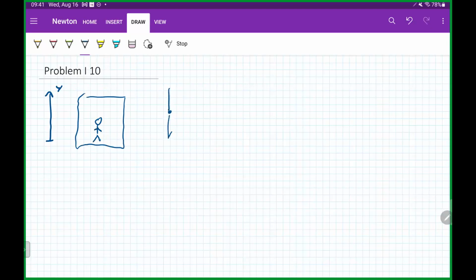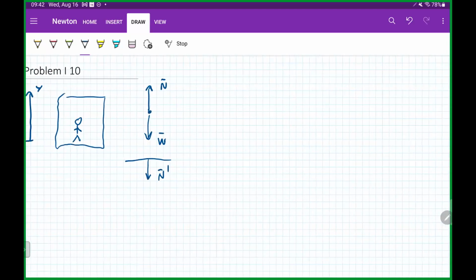We have weight pointing down, normal pointing up. The floor is supporting the person with force N, and then the person is pushing the floor down with N prime, and we have weight prime on the Earth. Same drill as before, pretty straightforward.